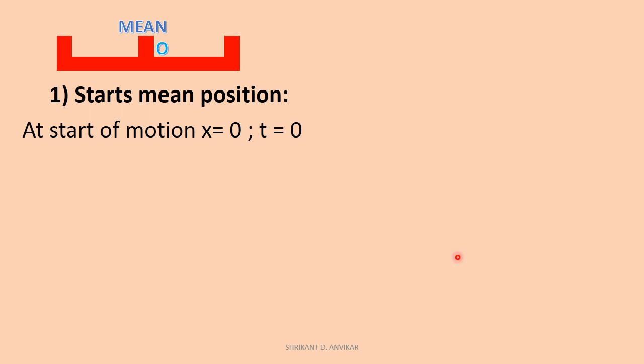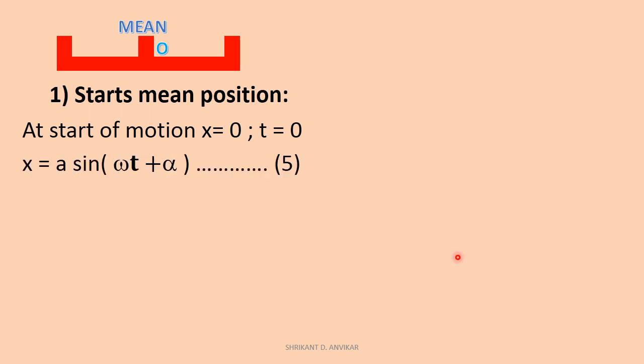Therefore at the start of motion the displacement of the particle is 0, and the time interval is 0. That means at the start x is 0 as well as time is 0.